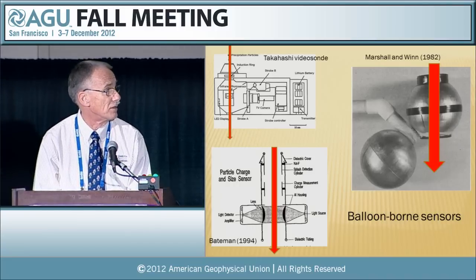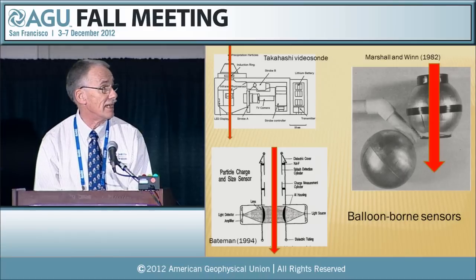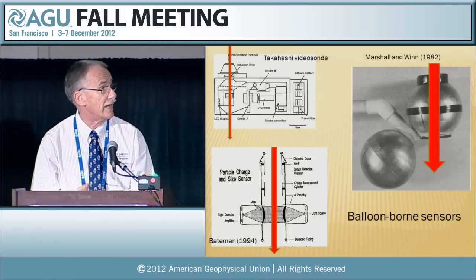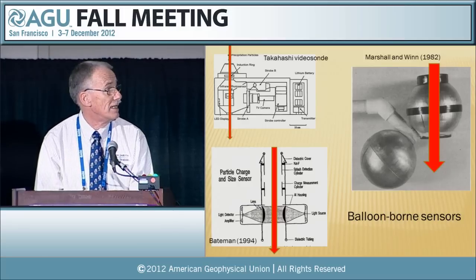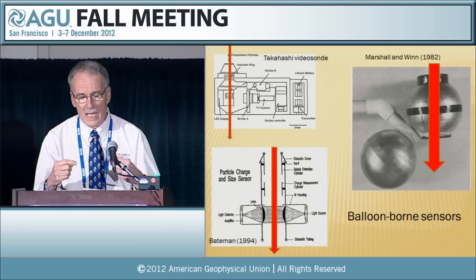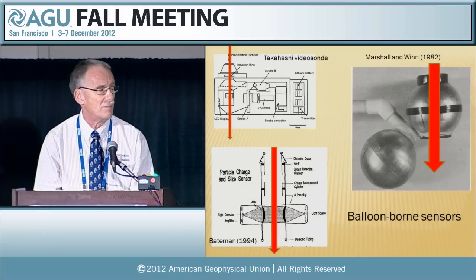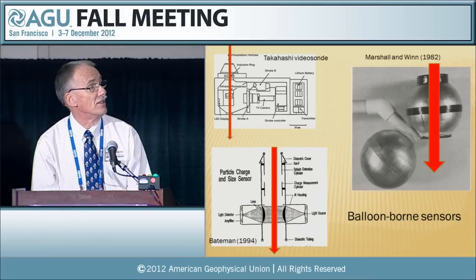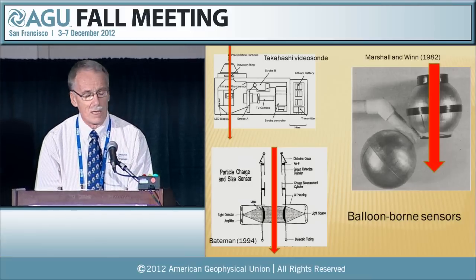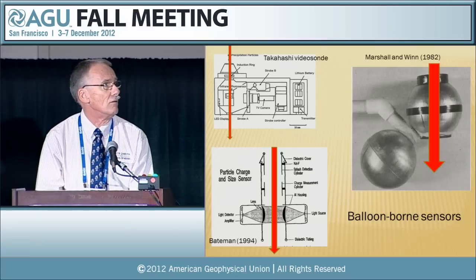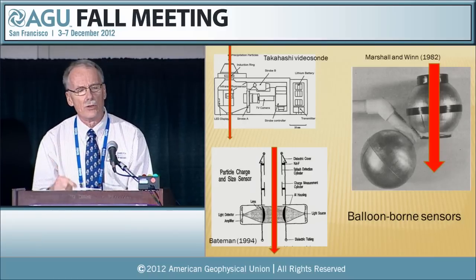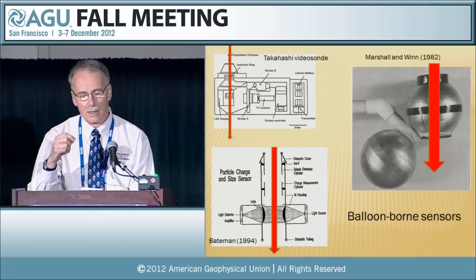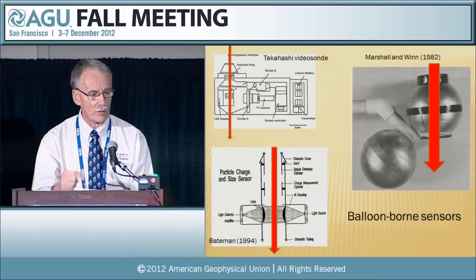Lower left is some work that Monty Bateman did back in the 1990s, where he has induction rings inside of basically a beer can-sized instrument and a light beam, and he can infer size by the amount of time it takes the particle to get through the beam. And the upper right is an older instrument from Marshall and Winn, where they had induction rings, could measure charge, and had to infer something about size from the speed with which the signal progressed from one ring to the other.